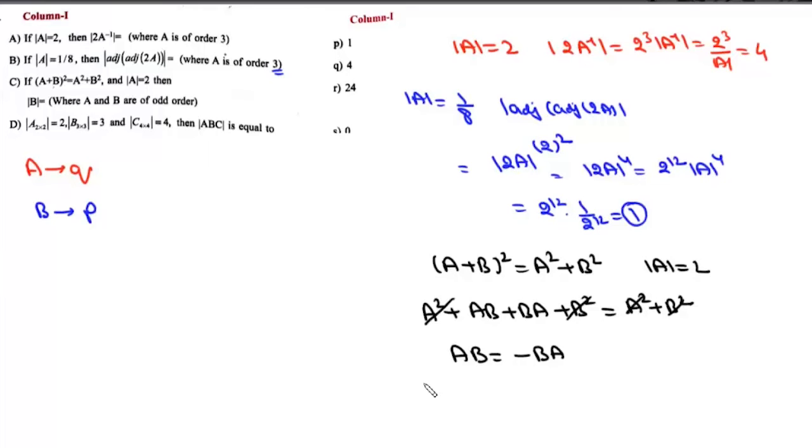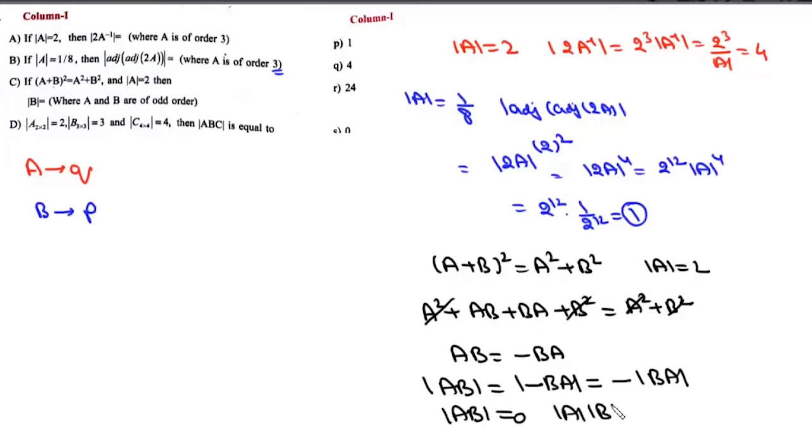Now we take determinant both sides, then determinant of AB is equal to determinant of minus BA. Since the order of this matrix is an odd number, it will be minus 1 to the power n, so it will be simply minus determinant of BA, and minus determinant of BA is minus determinant of AB. So from here we can say determinant of AB is 0. Now since determinant of A is unequal to 0, it means determinant of B must be 0. So this C matches with S.